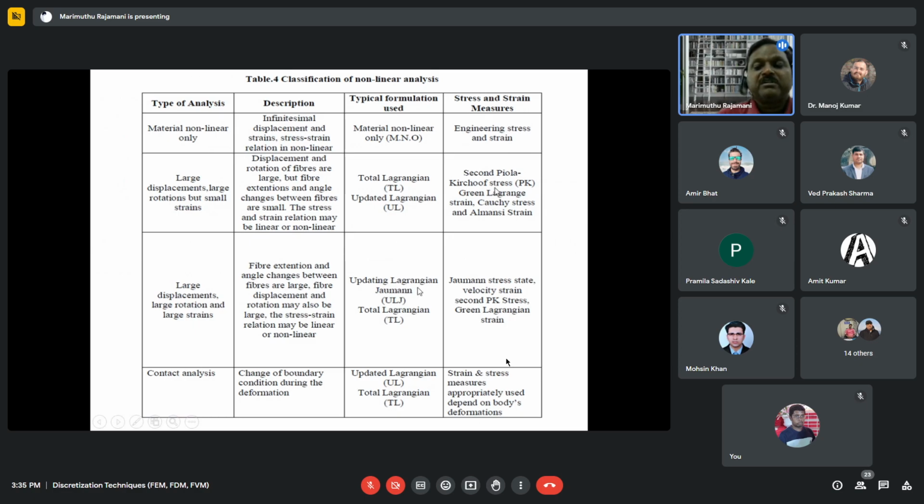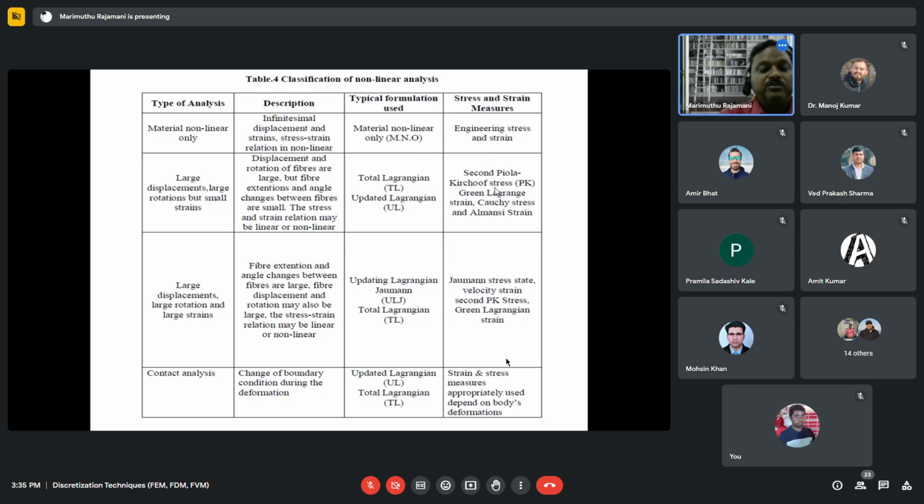Once you go into nonlinear, there are so many strain measures and stress measures, and while forming the energy, you have to use the appropriate stress and strain measures, complementary to each other. You have one bucket where stresses are there, another bucket where strains are there.